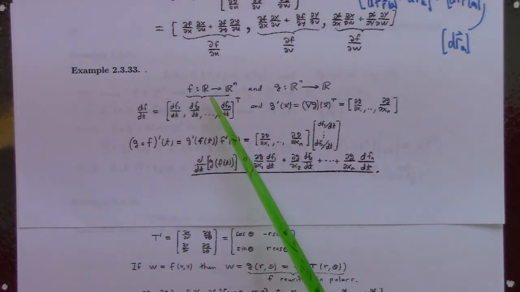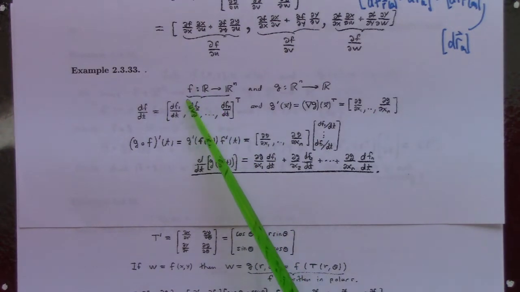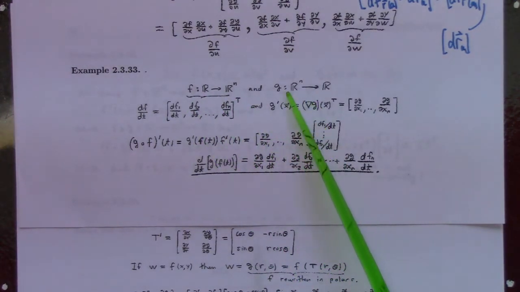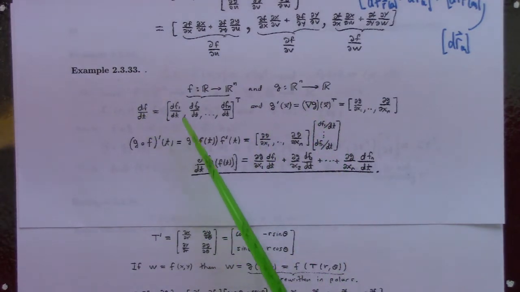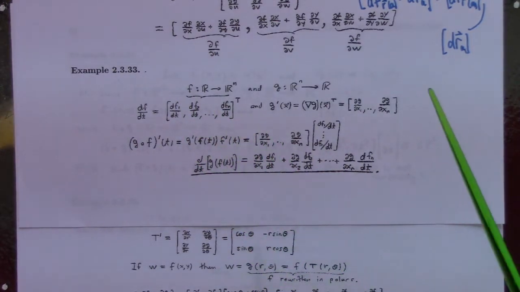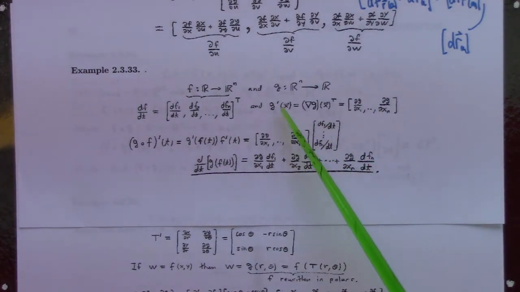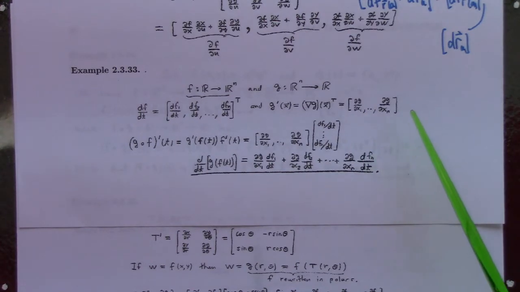Here's another one. If I have the composite of a path f from R to Rn and a real-valued function g on Rn, the Jacobian matrix of the path is in this case a column vector of velocities, and the Jacobian matrix of the function is a gradient vector, a row vector of partial derivatives.